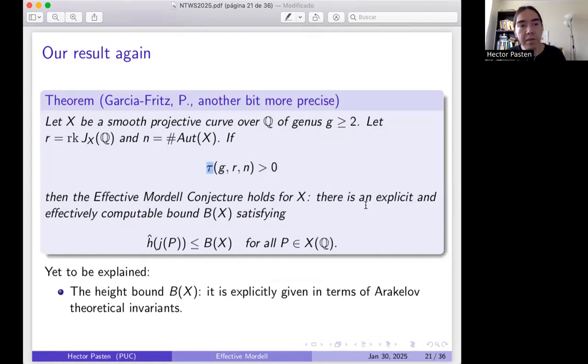There is an explicit and effectively computable bound capital B, depending only on the curve, such that the canonical height of J of P, so you map the point canonically to the Jacobian and take the Néron-Tate height, is bounded by this capital B for all rational points. Okay. So I still need to explain what this capital B is, but at least we know what enough automorphisms means, and we know what the height we're using is.